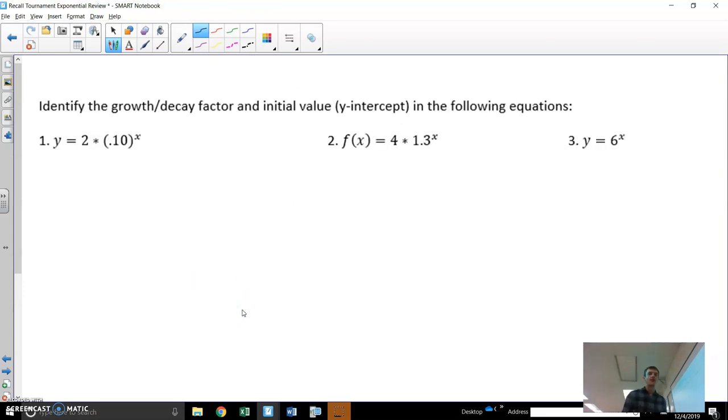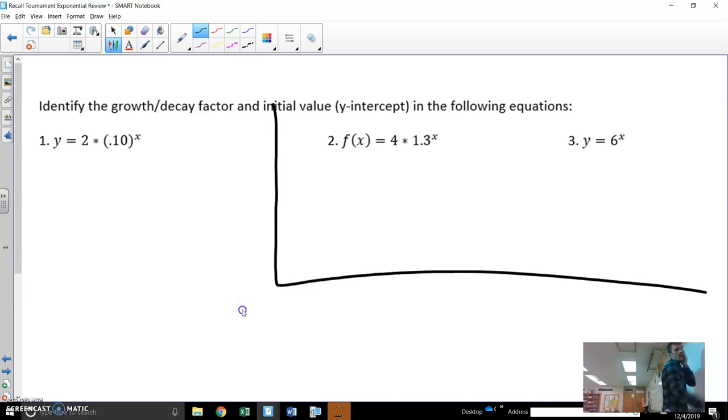So let's review some ideas that we just kind of talked about above. Identify the growth and decay factor and the initial value, or the y-intercept, in the following equations. So I'll do these two, and I want you to try number 1. For this one, you're looking at a times b to the x.